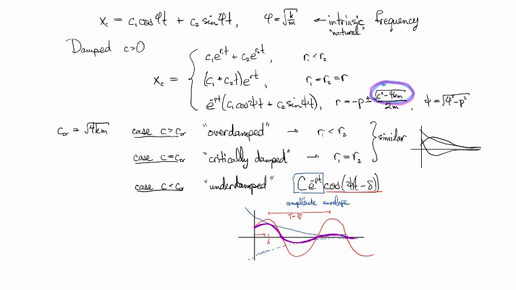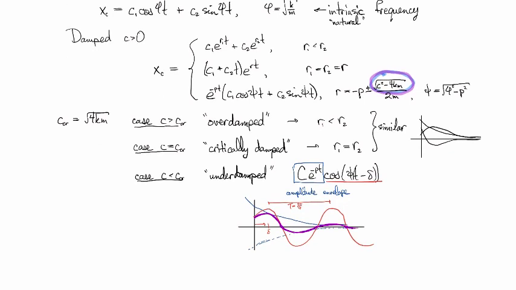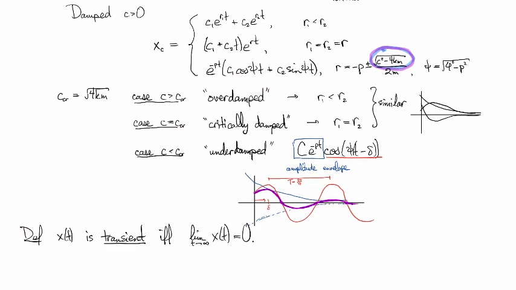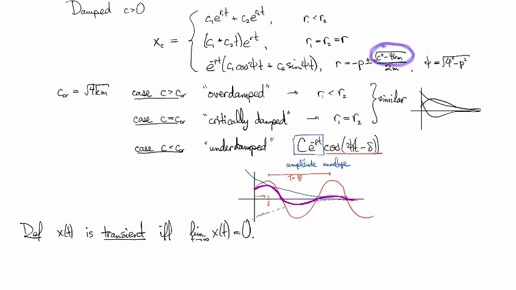Some terms that come up when looking at things like this: we say that a solution or a function is transient if it goes away. Transient means it moves away. I'll also write down officially what I meant by amplitude envelope.